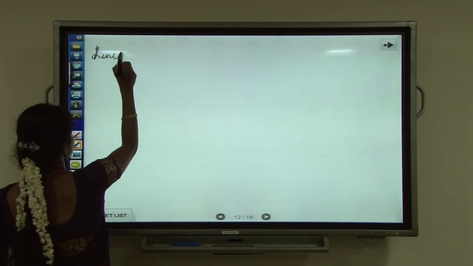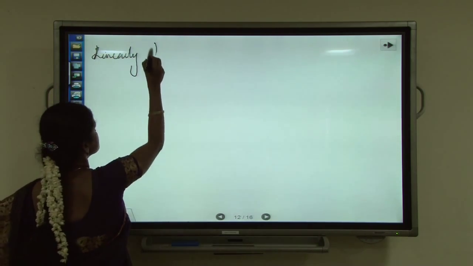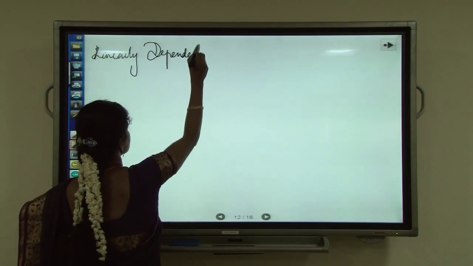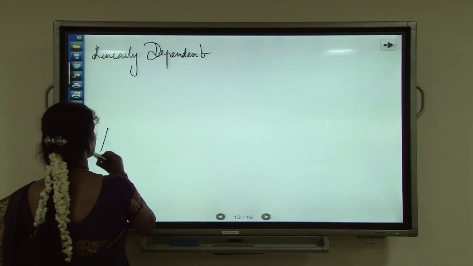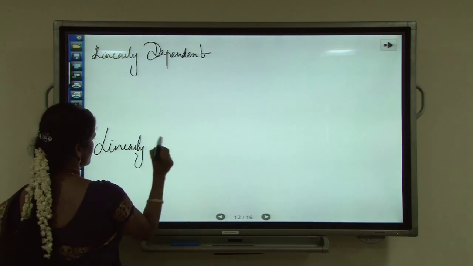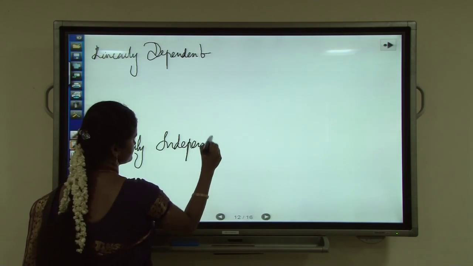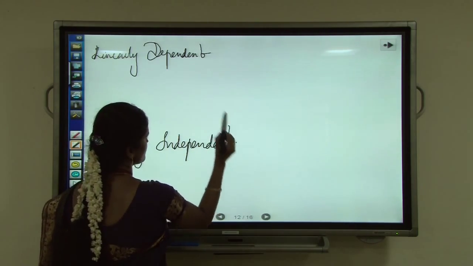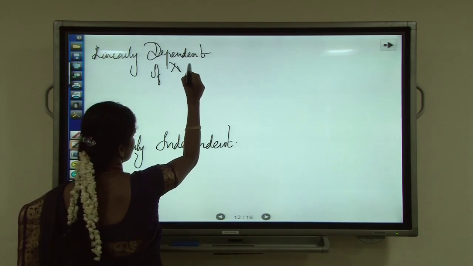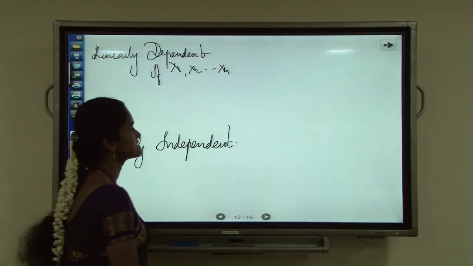What is linearly dependent and linearly independent? One is linearly dependent, the other is linearly independent. Take the vectors x1, x2, up to xn as a set of vectors.